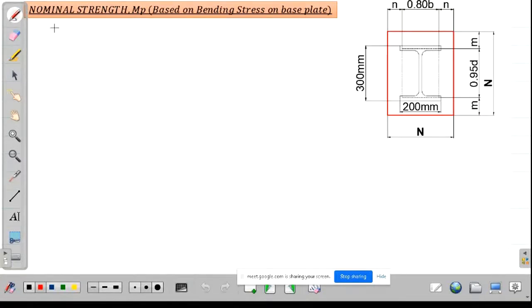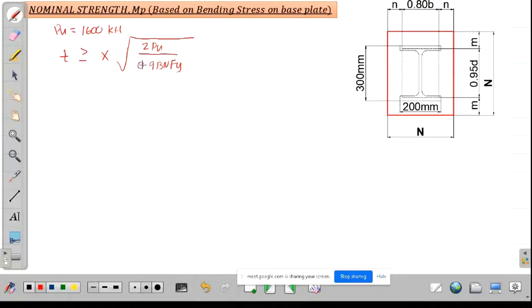Okay? So, yung P natin kanina is equal to 1,600 Newton. So, for solving for our thickness, yung thickness natin should be greater or equal to, that is X, the square root of 2PU over 0.9 of BNXY.